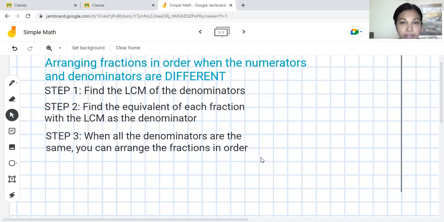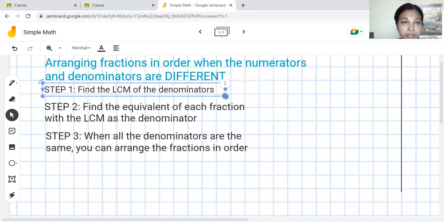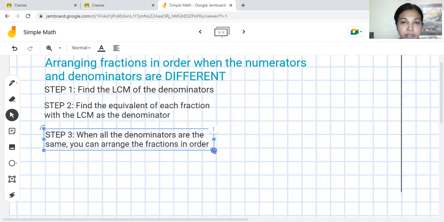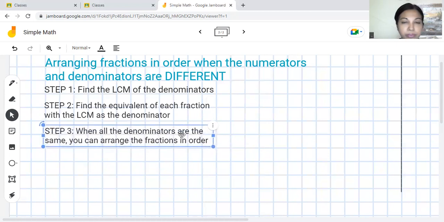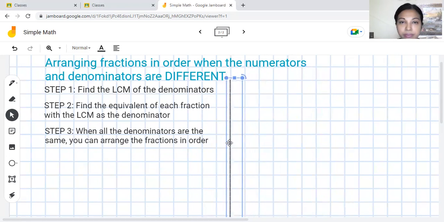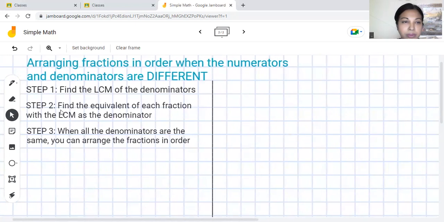So the example that I'm going to work, I'm just making this a bit smaller, seeing that we know our steps. We have our steps right here that we are going to follow. And we are going to work an example on the right here.